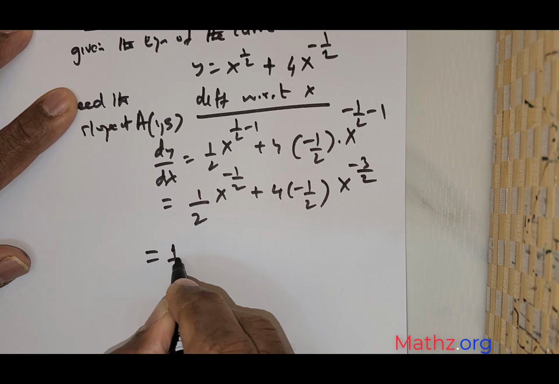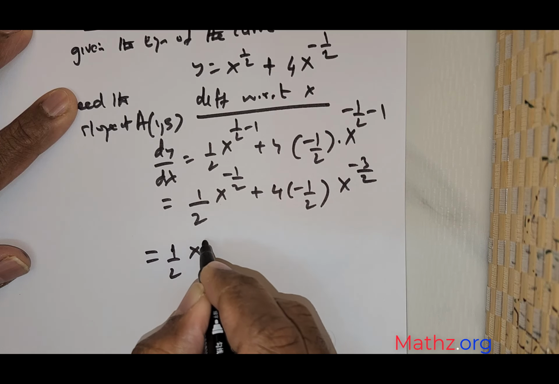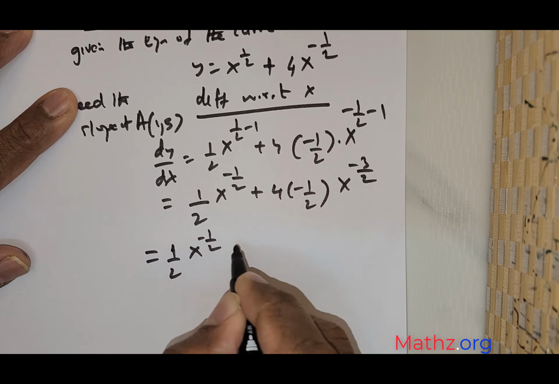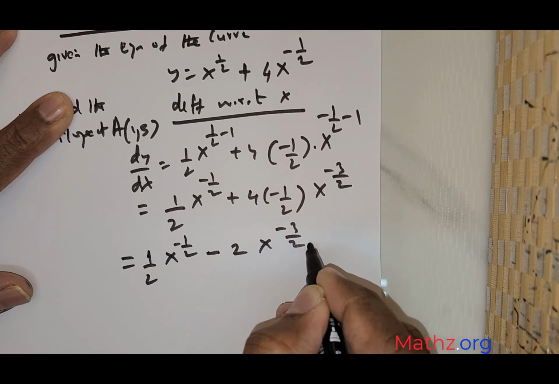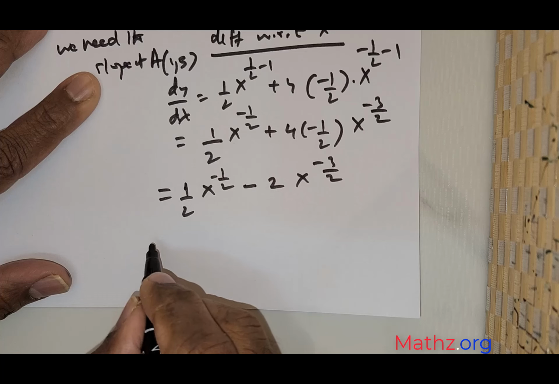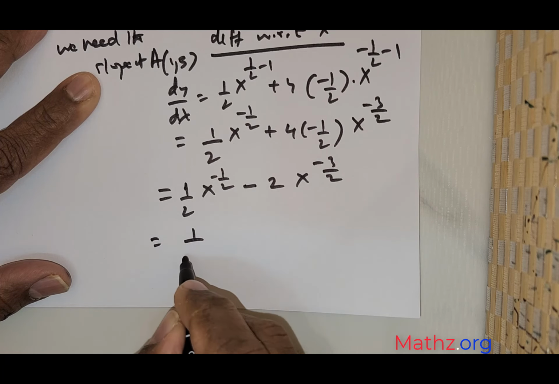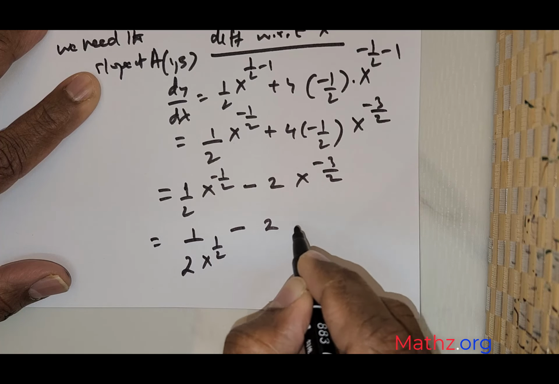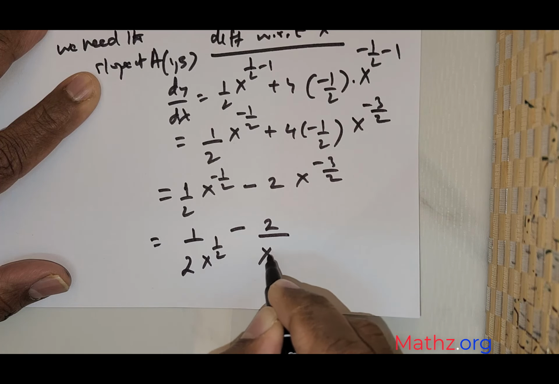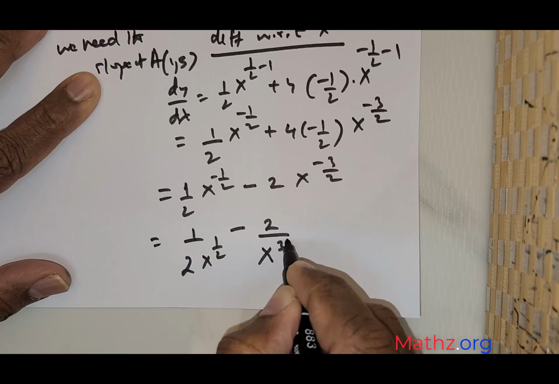I can rewrite this as 1 over 2 times x raised to the power of negative 1 over 2, and this is negative 2 times x raised to the power of negative 3 over 2. Now we can push everything to the new denominator. It's going to be 1 over 2 times x raised to the power of 1 over 2 negative 2 over x raised to the power of 3 over 2.